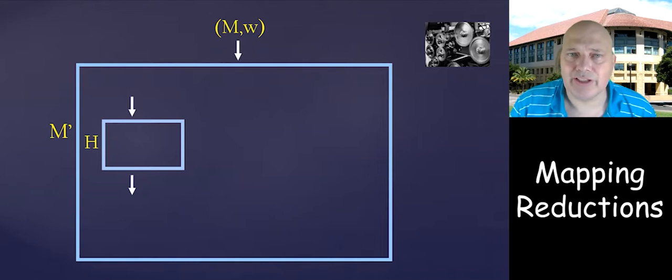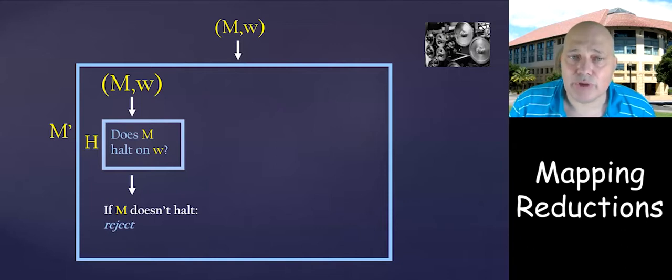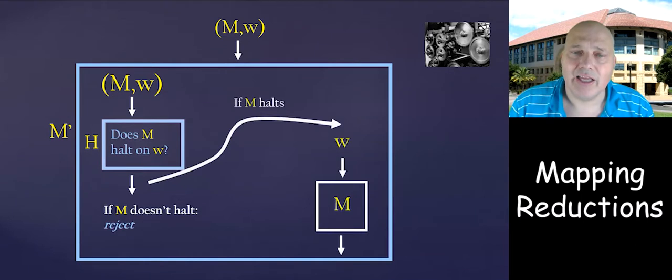So the input for ATM is M, W. We're going to feed it first to our subroutine H and see. If M doesn't halt, then we can reject, because we know that M definitely doesn't accept. If it doesn't halt, it doesn't accept. And if M halts, then we can feed it to M itself. So we feed W to M, and we output whatever there is to output.